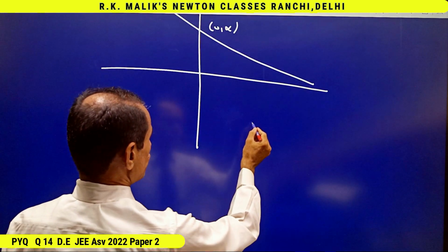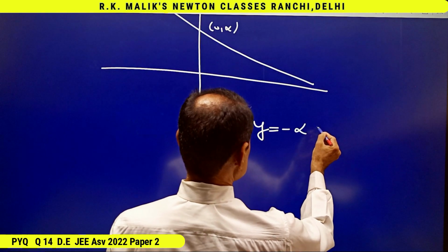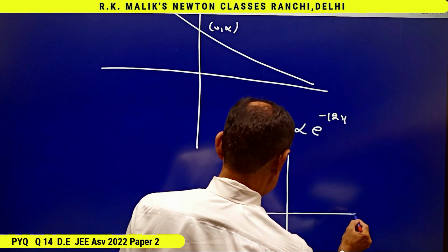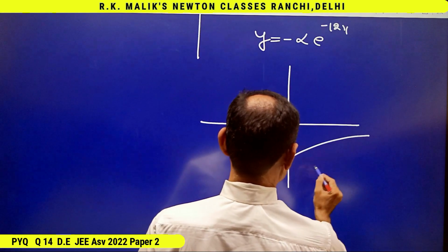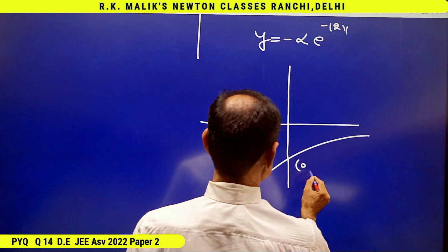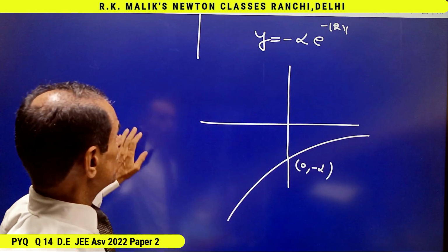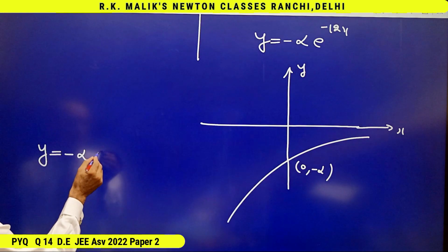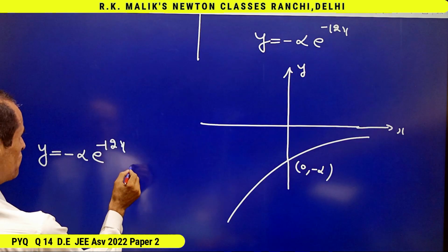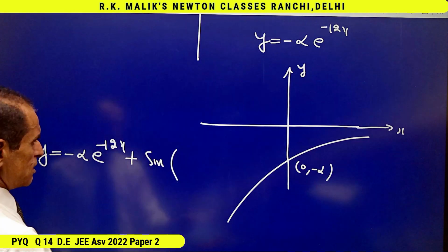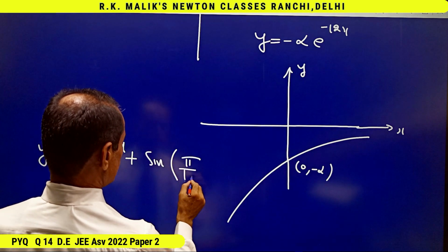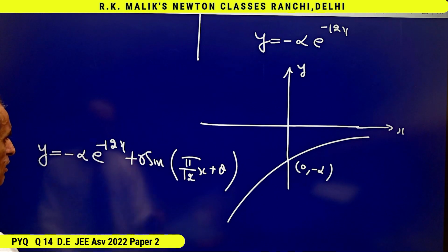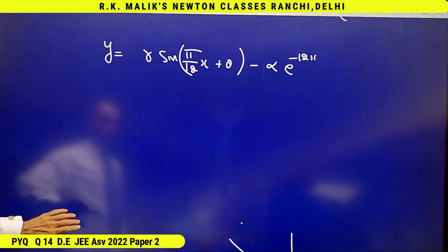And now the graph of y equal to minus alpha e power minus 12x will be this one, this point being 0 comma minus alpha. And now after this, if I want to draw the graph of y equal to minus alpha e power minus 12x plus sin (pi by 12 x plus theta) into r, that is this one.